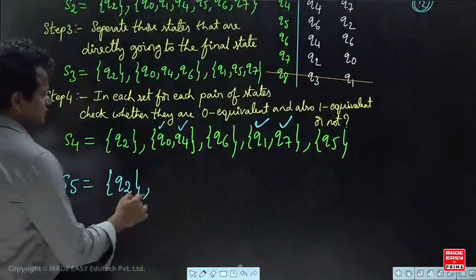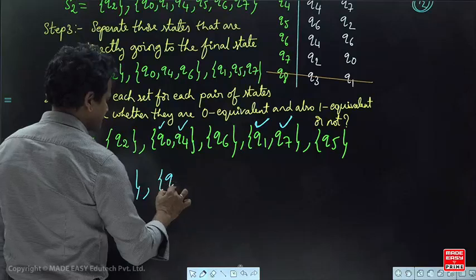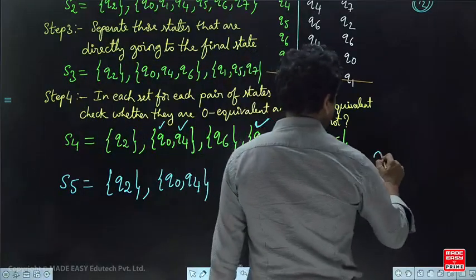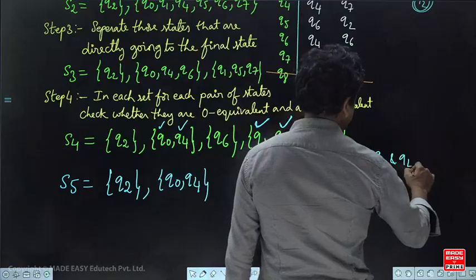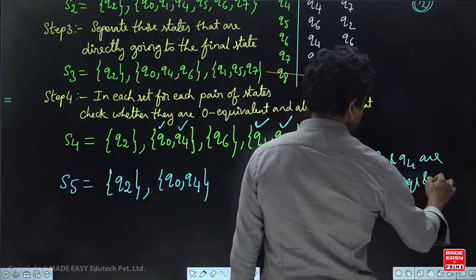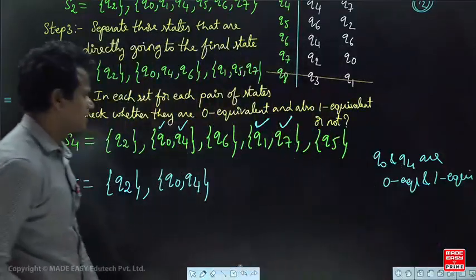Therefore, Q0 and Q4 are 0 equivalent and also 1 equivalent, so you cannot separate Q0 and Q4.